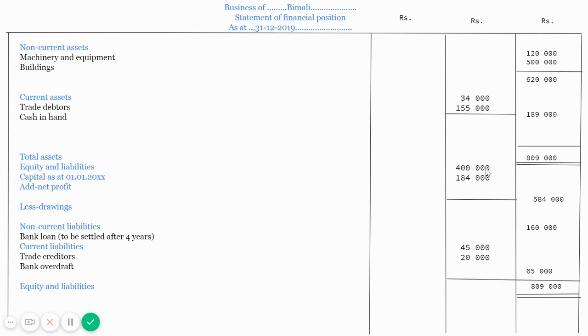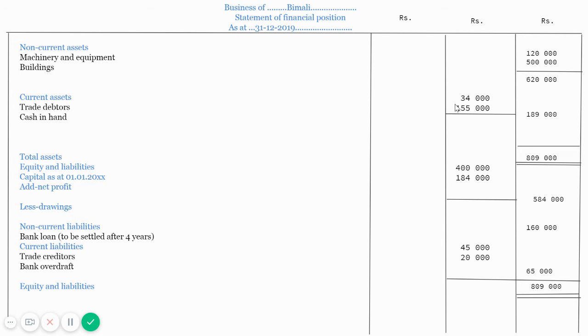That also goes to the statement of financial position. Trade debtors will be noted down under current assets. So trade debtors of 34,000, a debit balance, will be written under current assets like this.